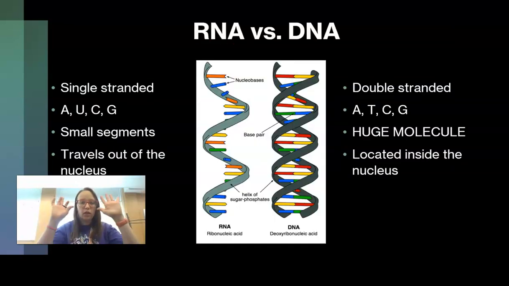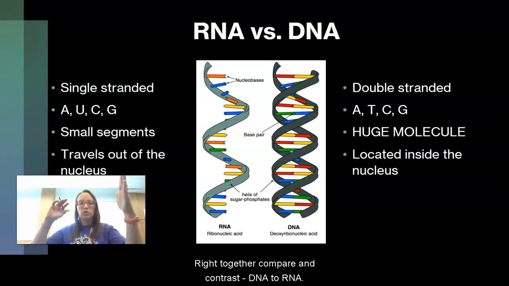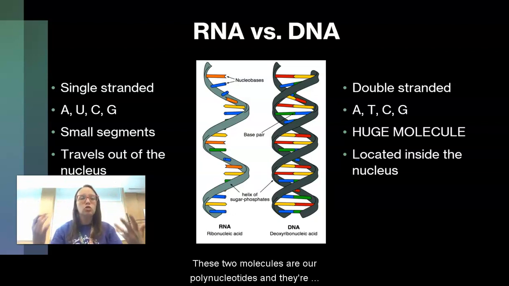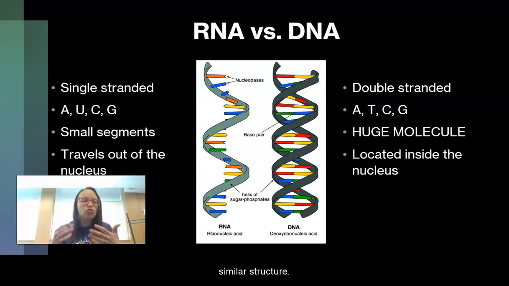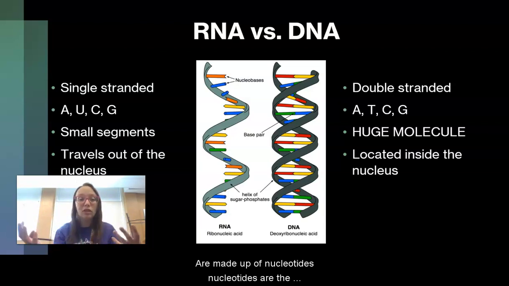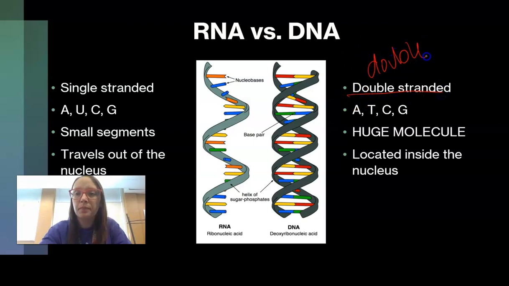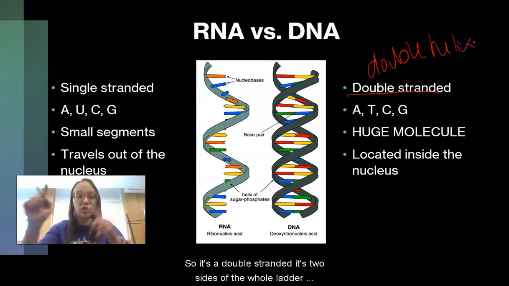So let's put it right together, compare and contrast DNA to RNA. So these two molecules, these are our polynucleotides, and they're similar structures. So they have this twisted nature to them. They're made up of nucleotides. Nucleotides are the monomers, but they're a little different. So remember our DNA, it's a double helix. So it's double-stranded.